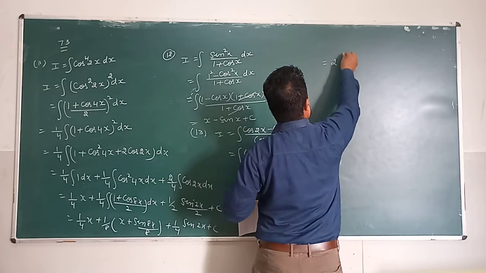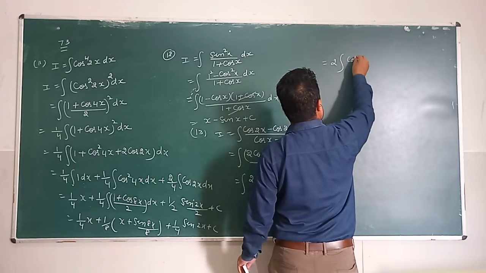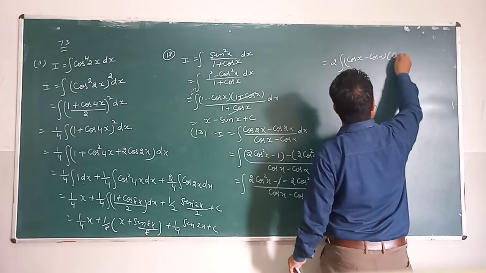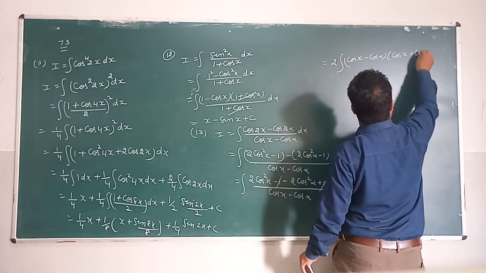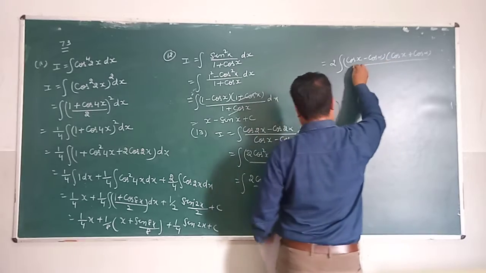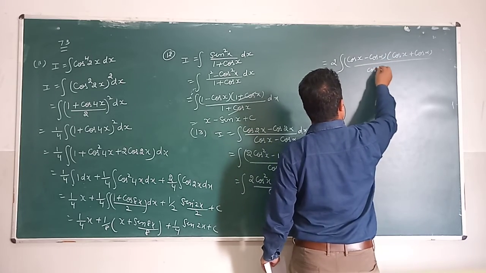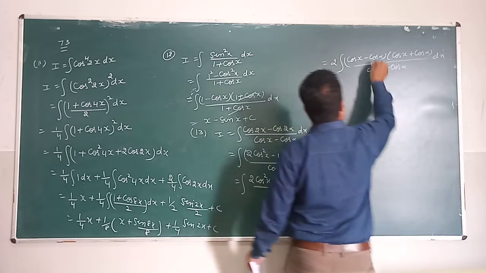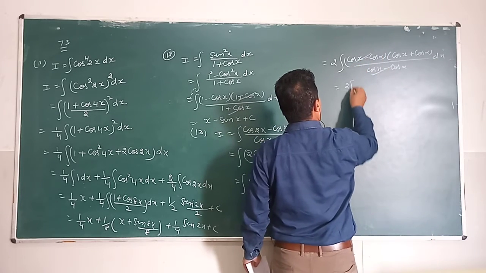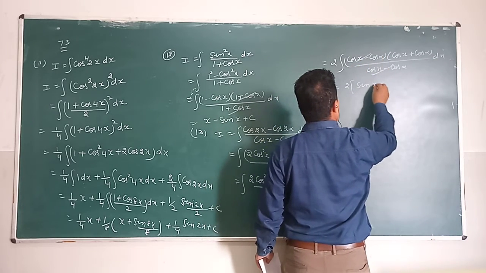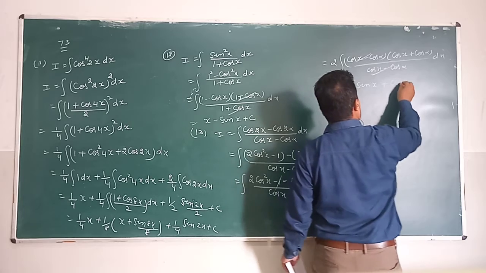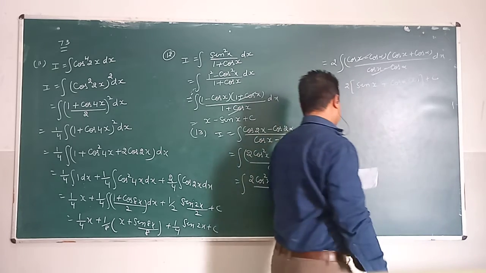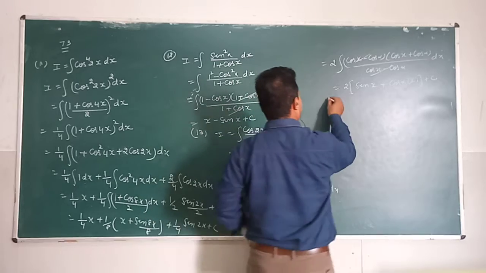Take 2 common and factorize this: cos^2 x minus cos^2 alpha into (cos x plus cos alpha) divided by cos x minus cos alpha. So these two are cancelled out. So the integration of cos x is sin x, cos alpha is constant, and the integration of dx is x. This is the answer of this question.